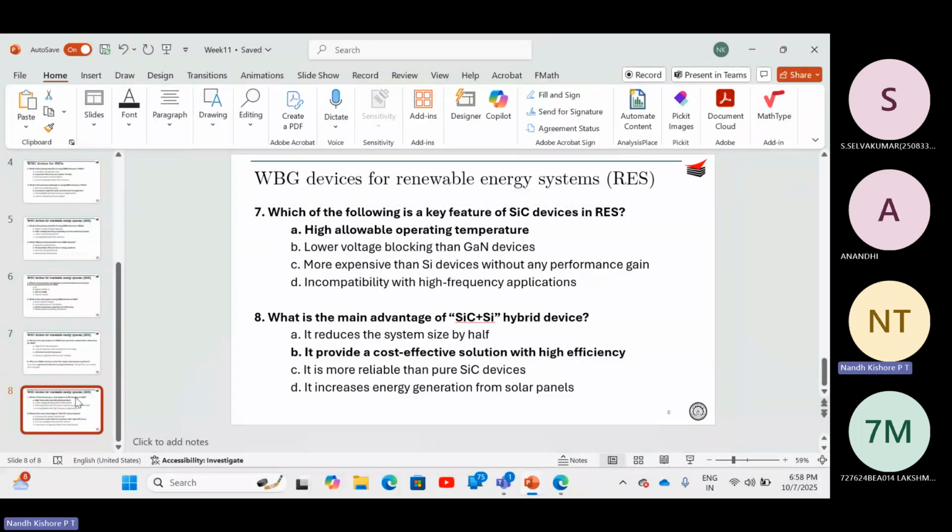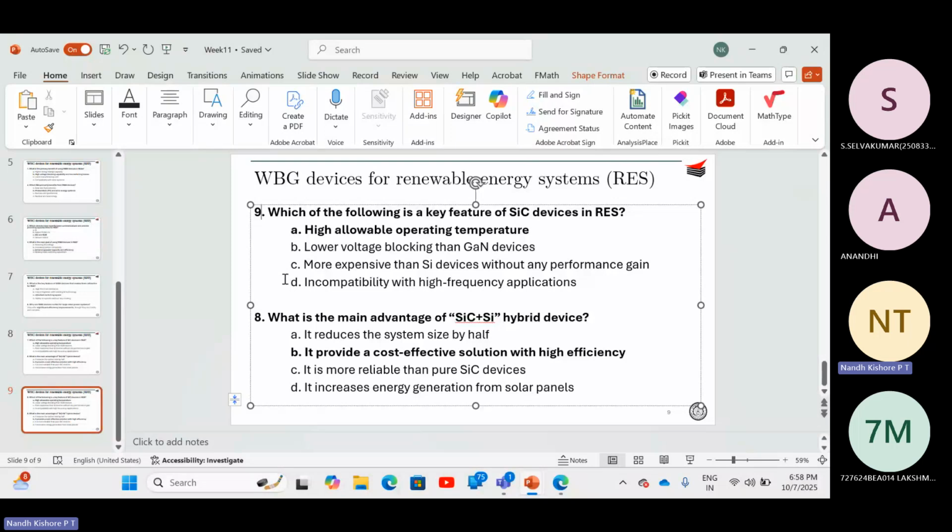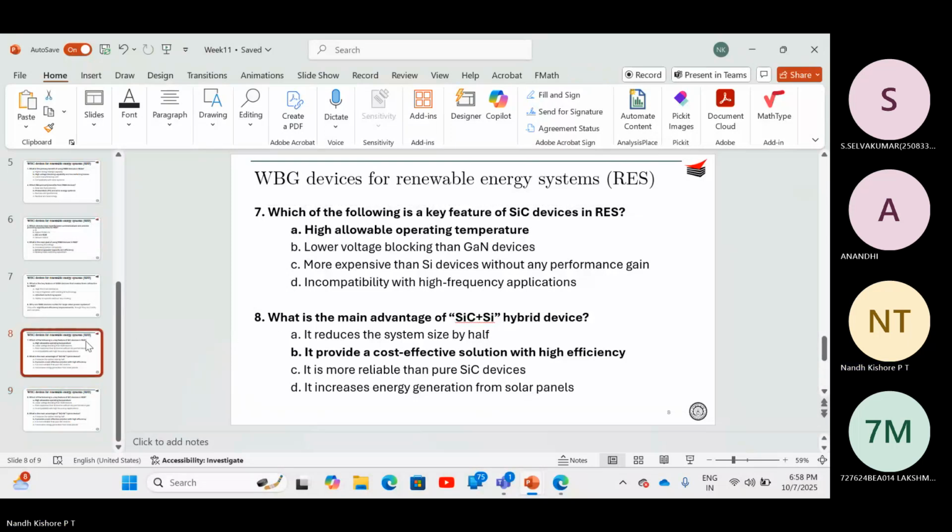So the last question in this set would be question number 9. I just open it. It provides a cost-effective solution with high efficiency.